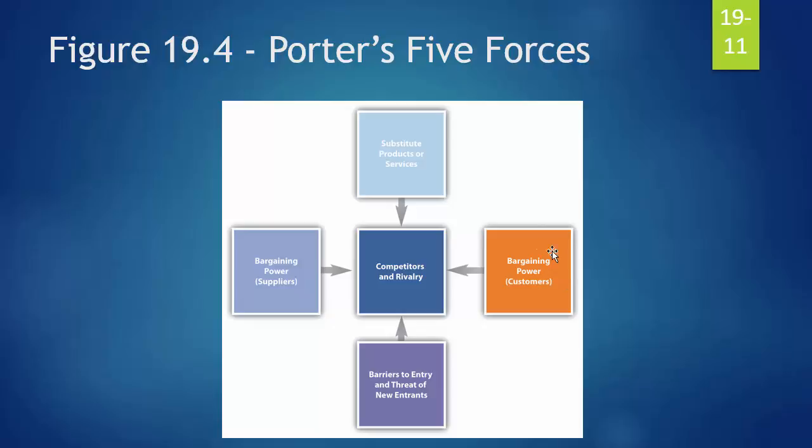Bargaining power of customers means, do our customers have alternative places to go to buy a similar product? And the answer would be, with the internet, depends on what you're selling. But if they do, then they would be considered to have high bargaining power. Therefore, you couldn't charge an extraordinarily high price for whatever you're selling. You'd have to set it so you're competing with your competitors.